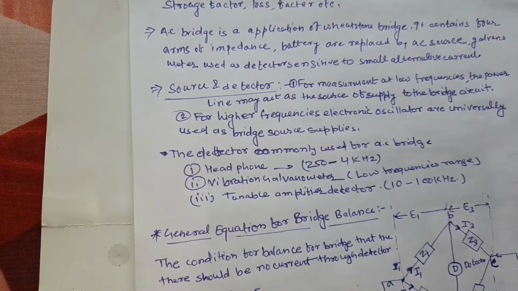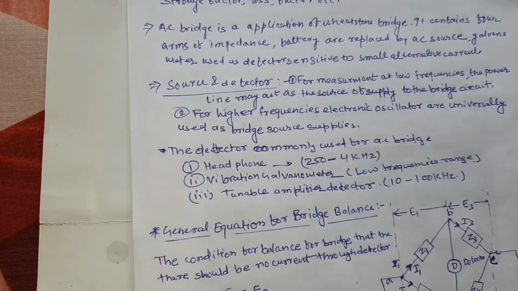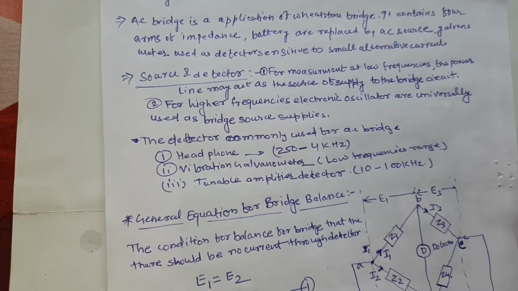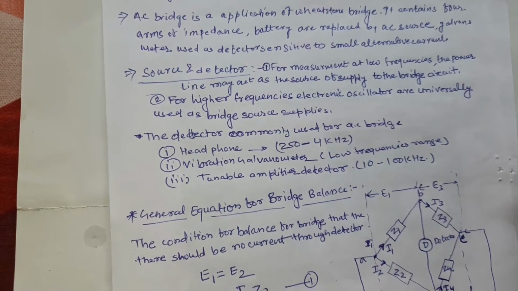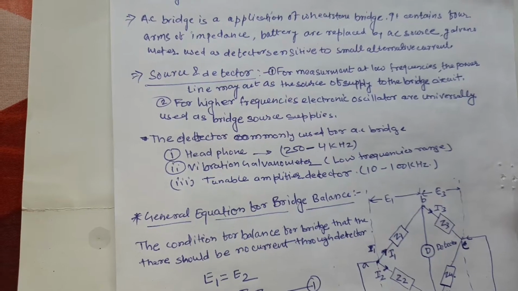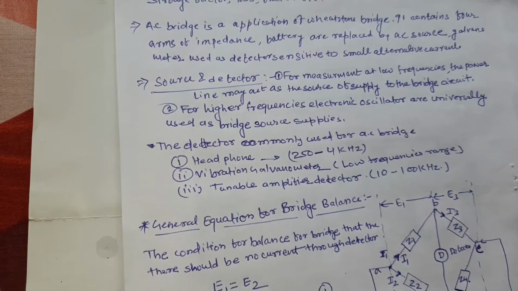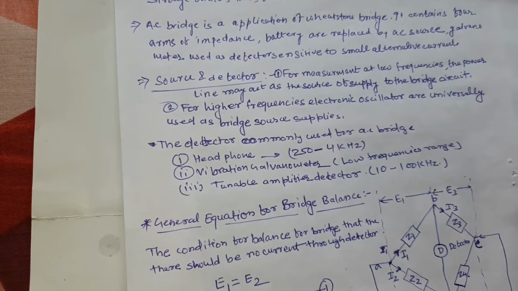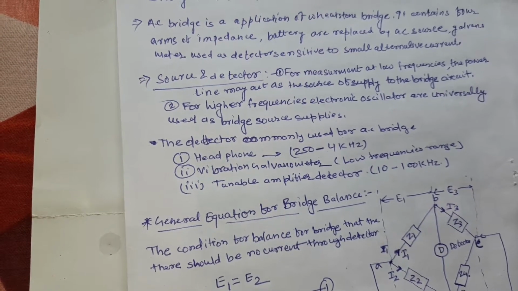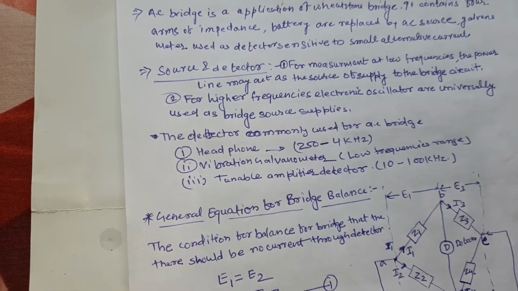For the frequency range from 250 Hz to 4 kHz, headphone is used. Vibration galvanometer is used for the low frequency range, and tunable amplifier detector is used for the 10 Hz to 10 kHz frequency range. So it depends upon the measurement and frequency range of the circuit. Different types of galvanometer or detector are used in the AC circuit.